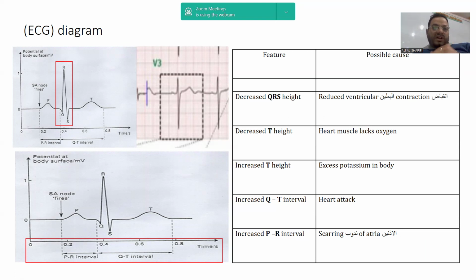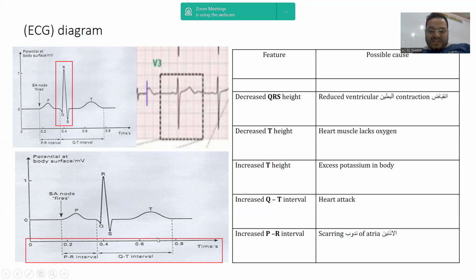That means potassium outside your nerve cell will increase when the nerve cell is ready to take any order. So when the T wave is increased, that means there is a lot of potassium in your body.